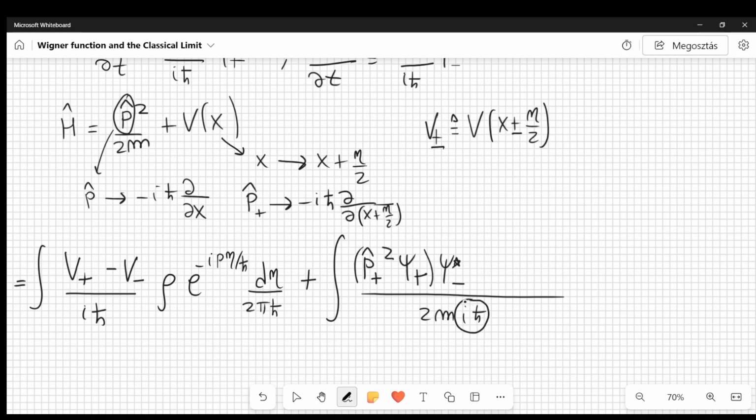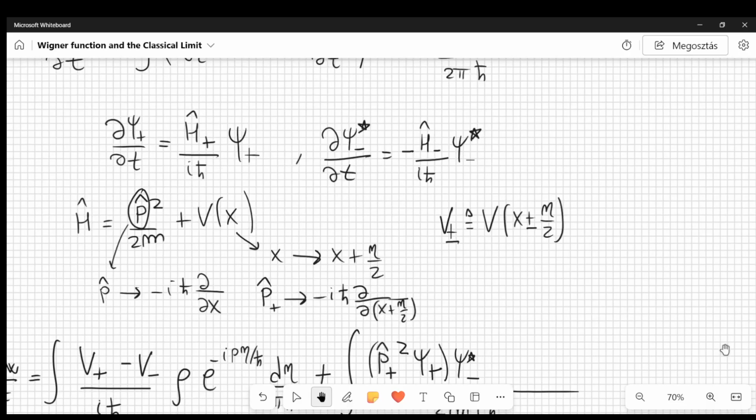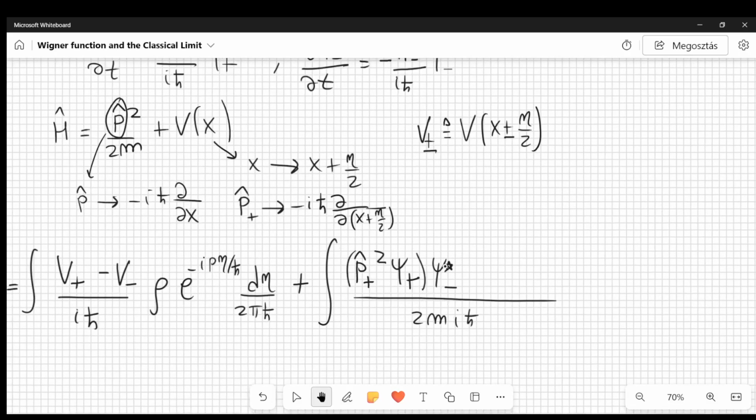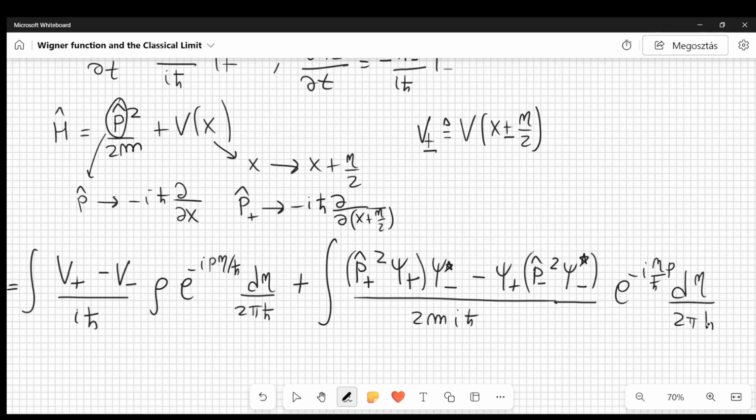This factor i h bar comes from here, and the 2m, of course, comes from this part of the Hamiltonian. Then we have minus psi plus p squared minus psi star minus, and then we have e to the minus i p eta divided by h bar, so it's the same as this one, d eta divided by 2 pi h bar.